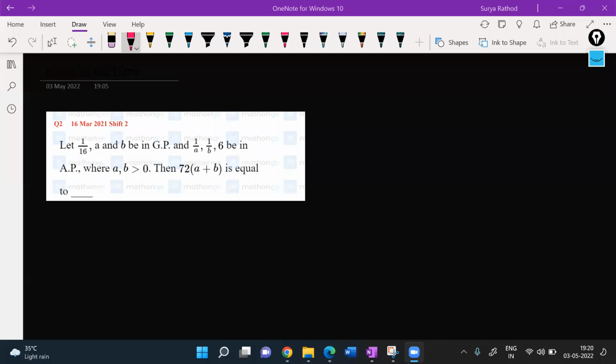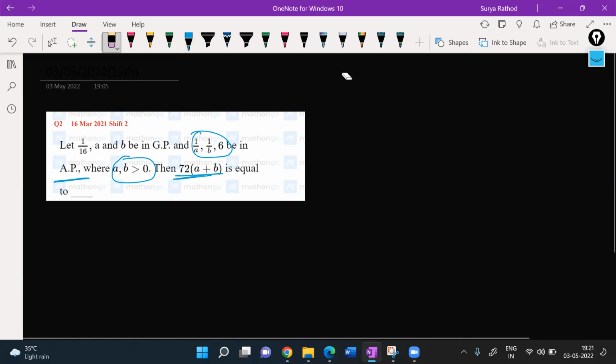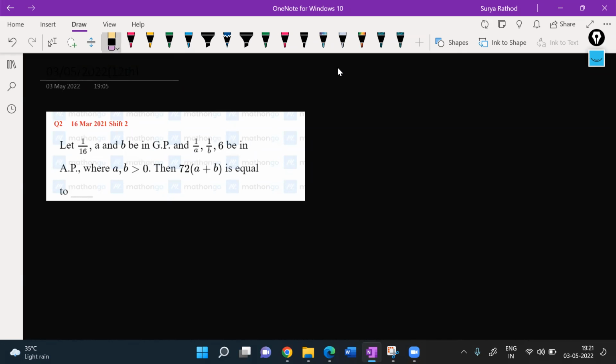Just a minute. Yes, solve this question. The first question is: let 1/16, a, b are in GP, geometric progression. Okay, 1/a, 1/b, 1/6 are in arithmetic progression, where a, b greater than 0, then 72 of a plus b is equal to dash. Options not given, fill in the blank question.